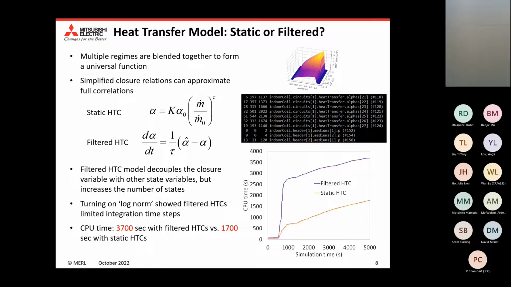But we found this filtered form would increase the number of dynamic states. Actually, it would slow down the zero flow simulations. This is what we found using the previous case if we compare these two different relations.